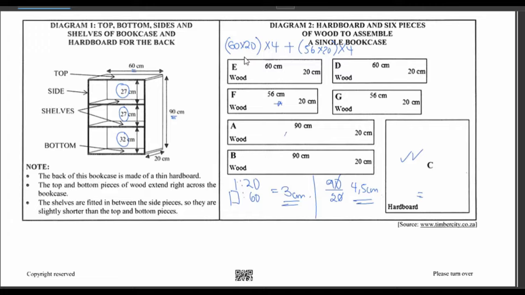And we have these sides here. The sides are going to be plus 90 times 20, also times what? Times 4. Only one bookshelf needs 2, but there are 2 bookshelves themselves. So this happens. So we find out that we have answers like 120, which becomes what? Sorry.